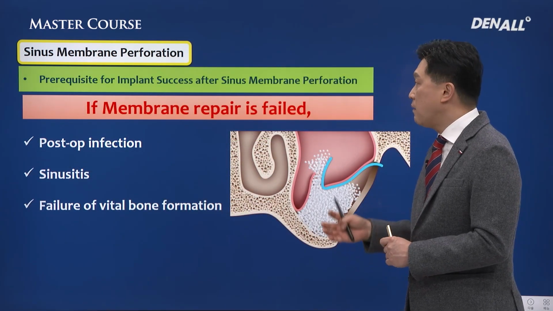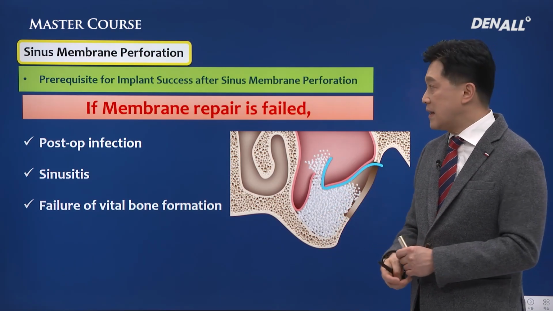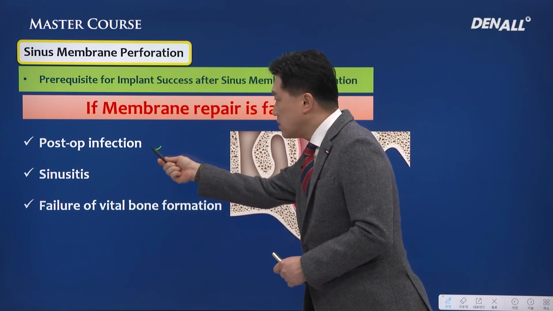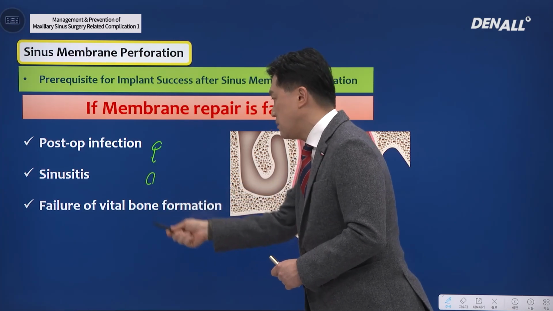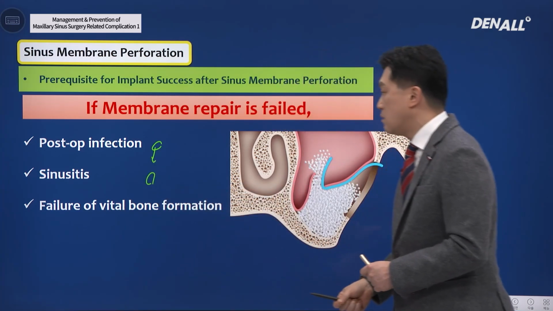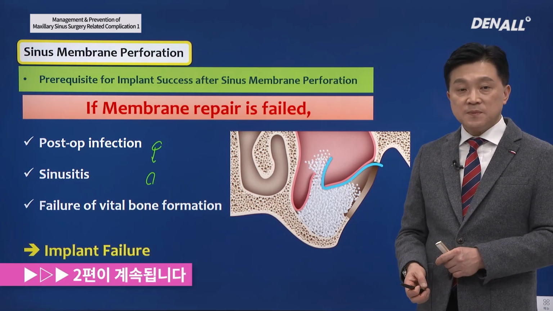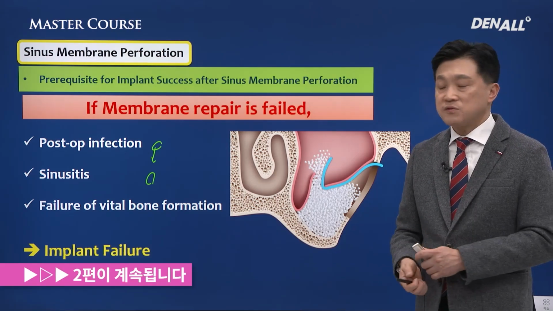After membrane repair, if things turn out unfavorably, if you take a CT and confirm failure, it can lead to infection. In other words, a sinusitis can occur and failure of vital bone formation can result. Because of these, implant failures can result.